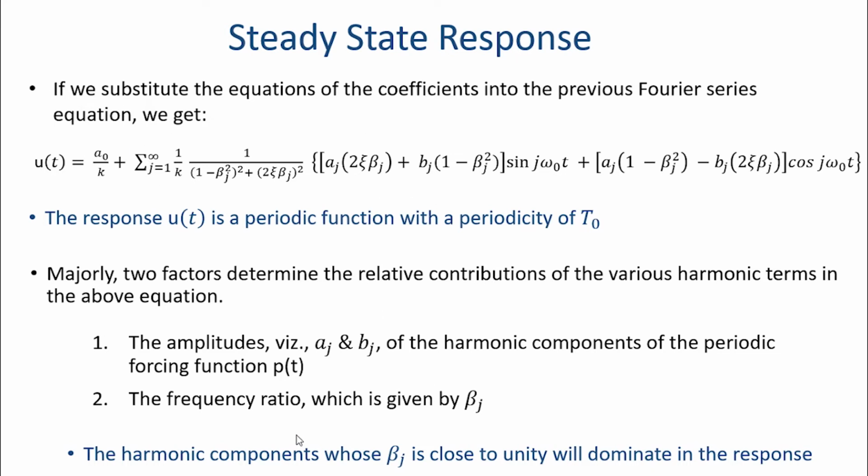And if the frequency ratio of the jth harmonic, that is beta j, is near 1, then that harmonic component will also dominate in the response. When the frequency ratio is close to 1, the amplitude tends to be very high. So that harmonic will majorly contribute to the total response.